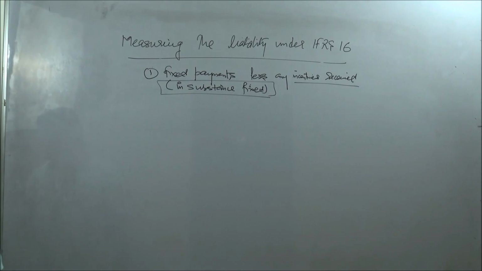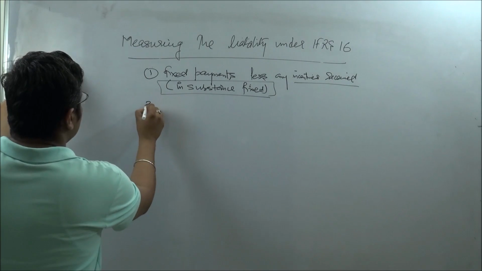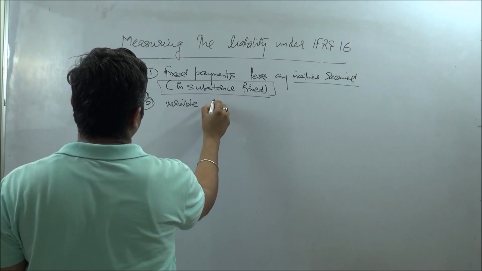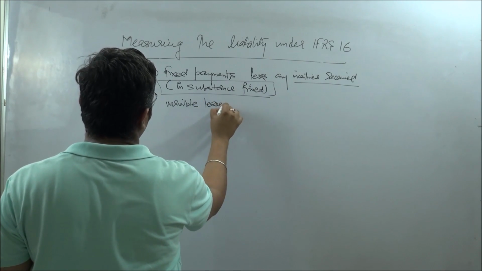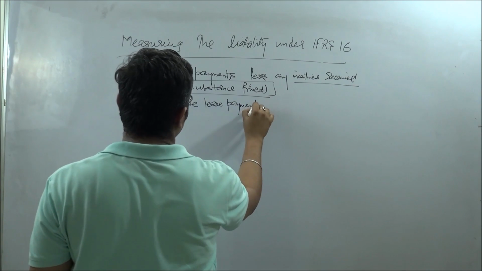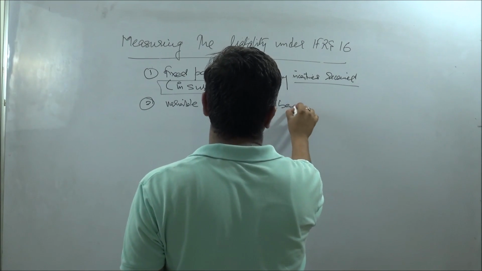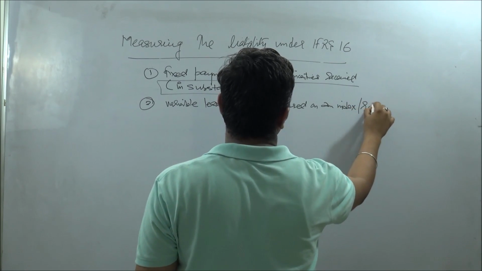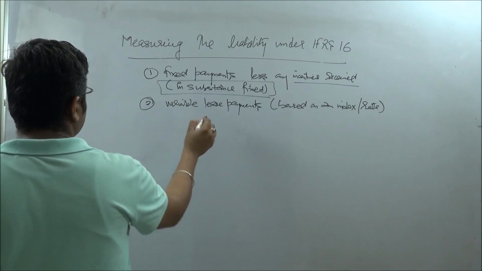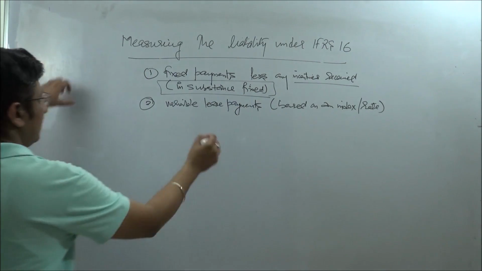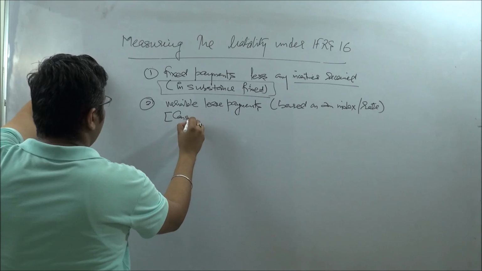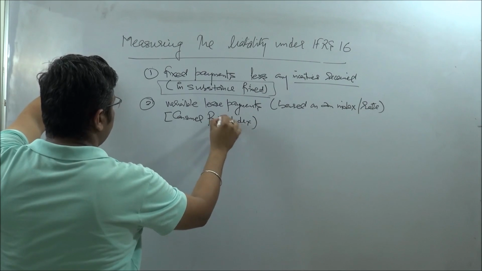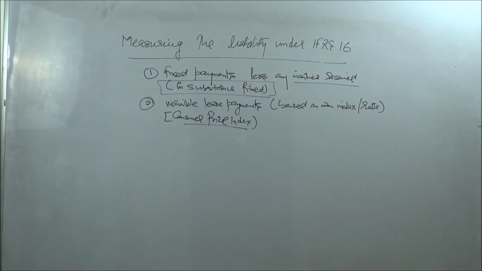The other one, we are saying it includes certain variable lease payments, for example, which are based on an index or rate, for example, your consumer price index, the inflation rates, for example, right?